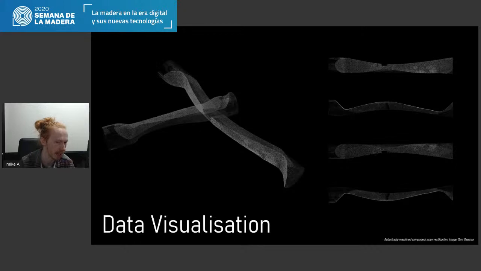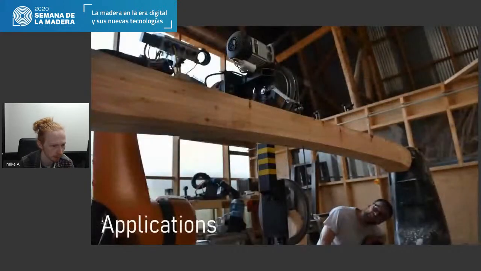So even if there's a mistake or some deviation from the original component form, as working with something like a bandsaw will often move and get pulled by the timber, you won't necessarily, for a millimeter error, want to disregard a component completely. You may want to bring that back into what you're using and reuse it. So by visualizing and bringing this data back into what we're working with, we're able to understand those errors and make use of them.